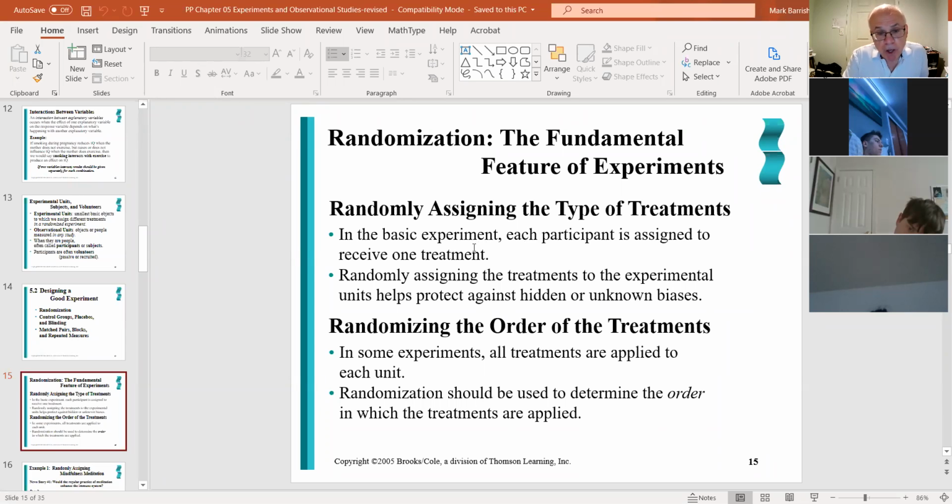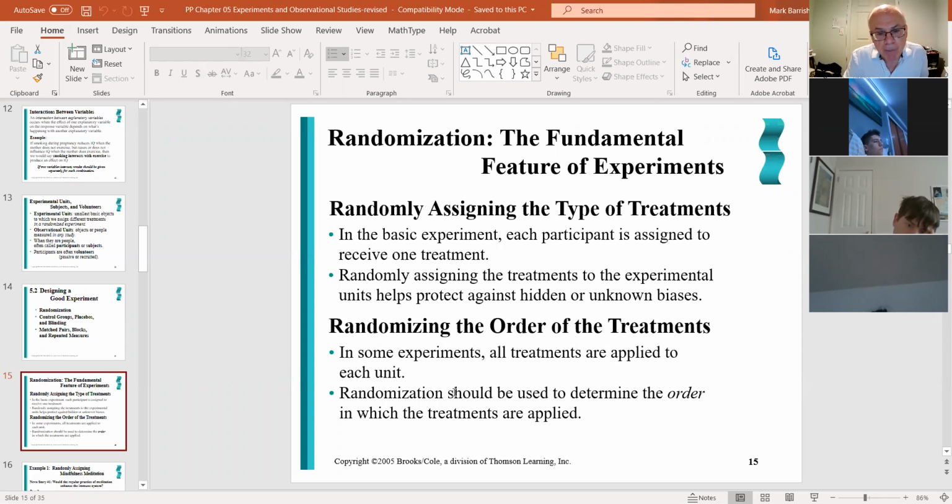Now, what if we have an experiment where people receive all the treatments? In other words, they're not being randomly assigned to one group as opposed to another, but some experiments may be designed where one person receives all the treatments over time. So how do you get the randomization in there?